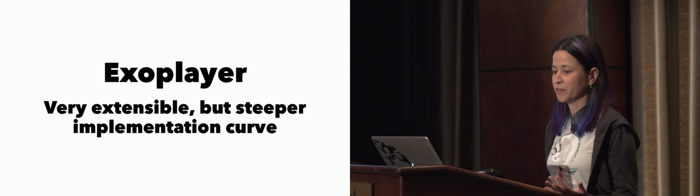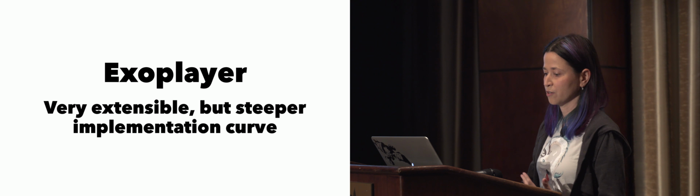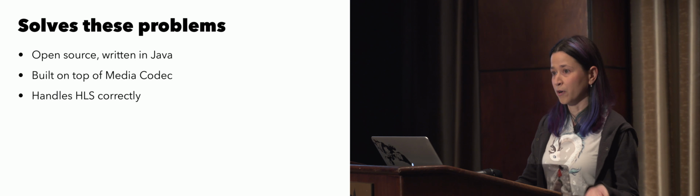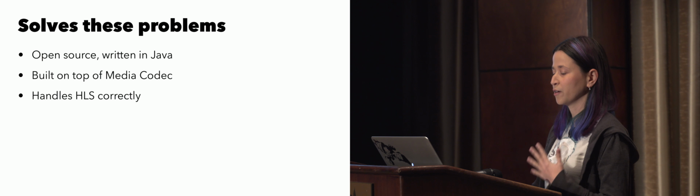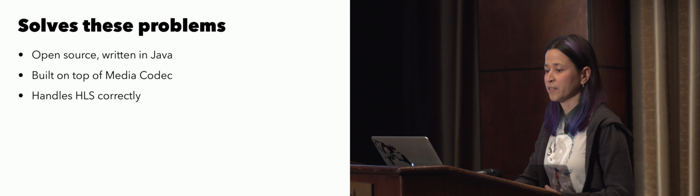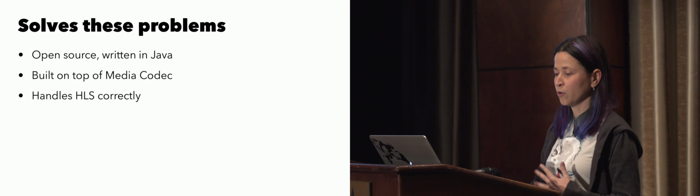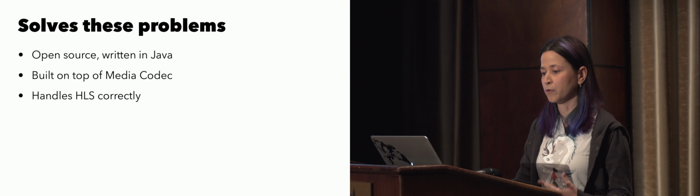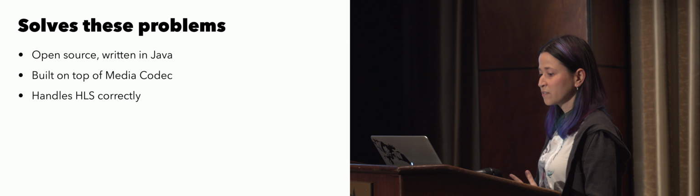ExoPlayer provides an alternative to that. It's very extensible, but it has a steeper implementation curve. It solves the problems that I talked about before. It's open source, it's written in Java, so it's really easy to debug, to read, to figure out what's going on in there. It's built on top of MediaCodec, which is more low level, so the chances of encountering specific phone or OS issues is way less.